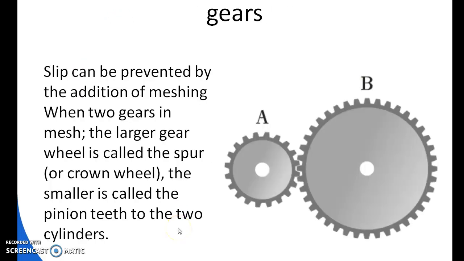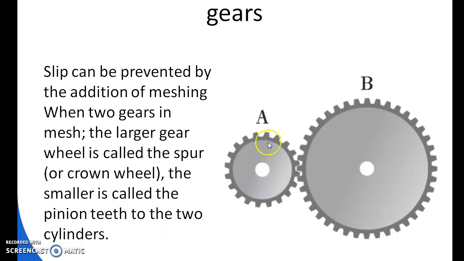As we know, gears are used to transmit motion from one shaft to another shaft, and for that reason we have to mesh or mate two gears. The first gear which transmits the motion is known as the driver gear, and the second gear which receives the motion or power is known as the driven gear.